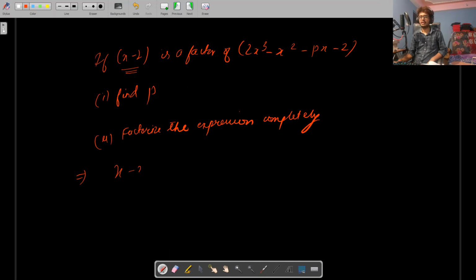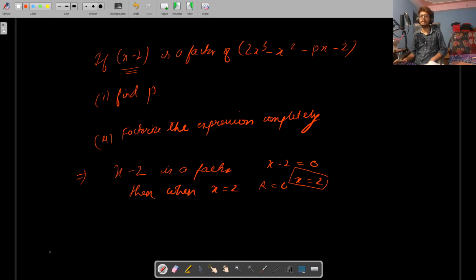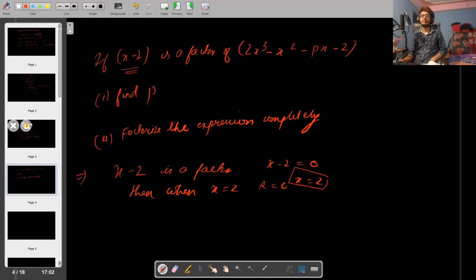Find the value of p when x minus 2 is a factor. So if x minus 2 is a factor, then when x equal to 2, remainder is 0, right? Because x minus 2 equal to 0 means x equal to 2. So when x equal to 2, there will be no remainder.